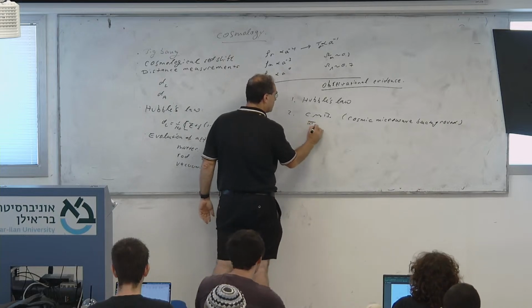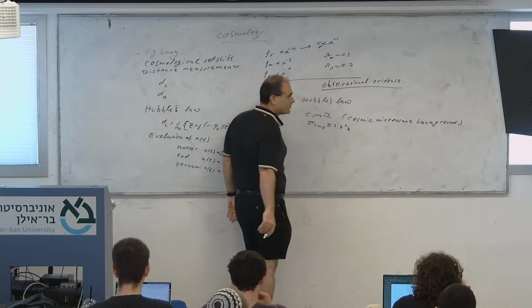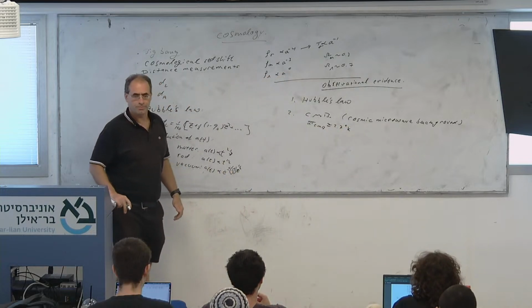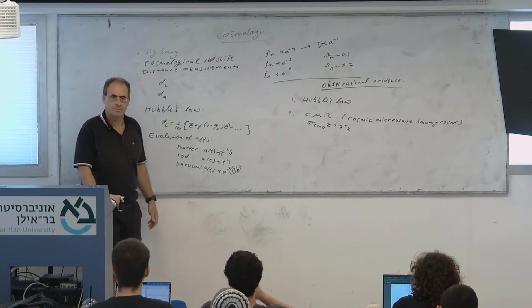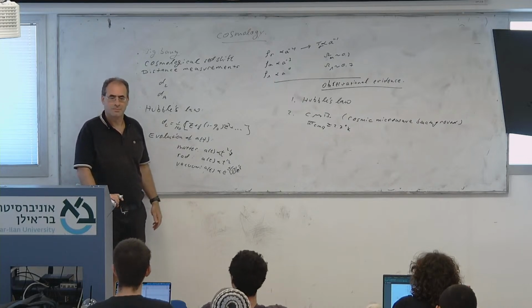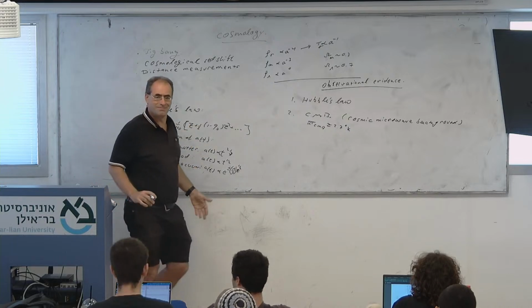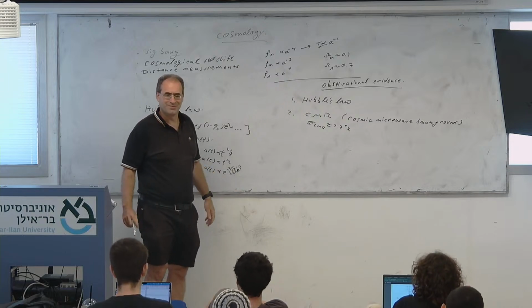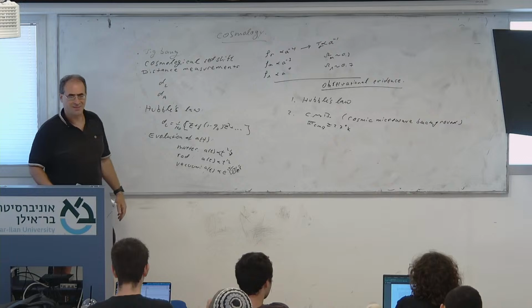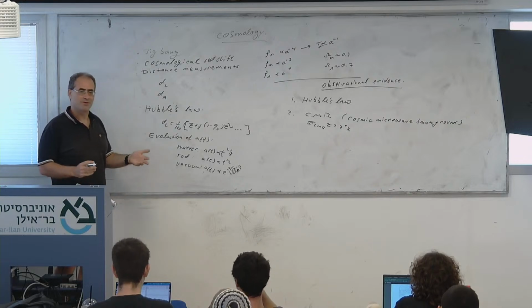T is 2.7 degrees Kelvin. What do we measure? How do we measure the temperature of photons? It's a problem. We're looking at the distribution. We fit it. It's a Planck function. Feed it to Stefan-Boltzmann. Planck function. You've seen that in your modern physics?